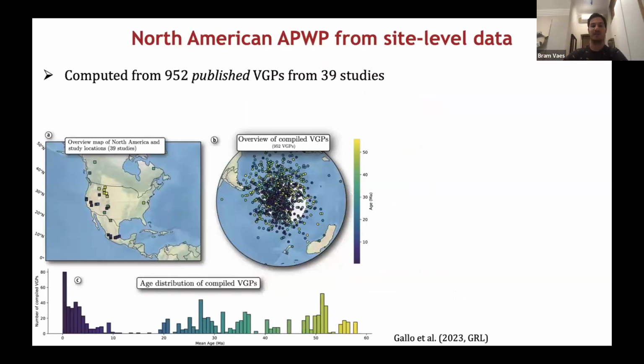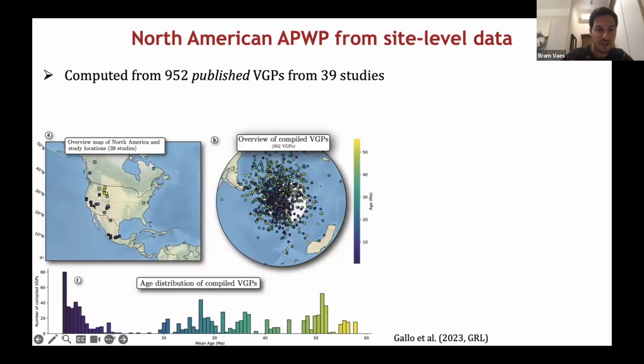All right, and then even the next step that we've been developing for the past year is constructing apparent polar wander paths from real data. So just for North America, for the Cenozoic, we again went with more than 10 people and compiled from databases like MagIC all the individual data points from 39 studies.